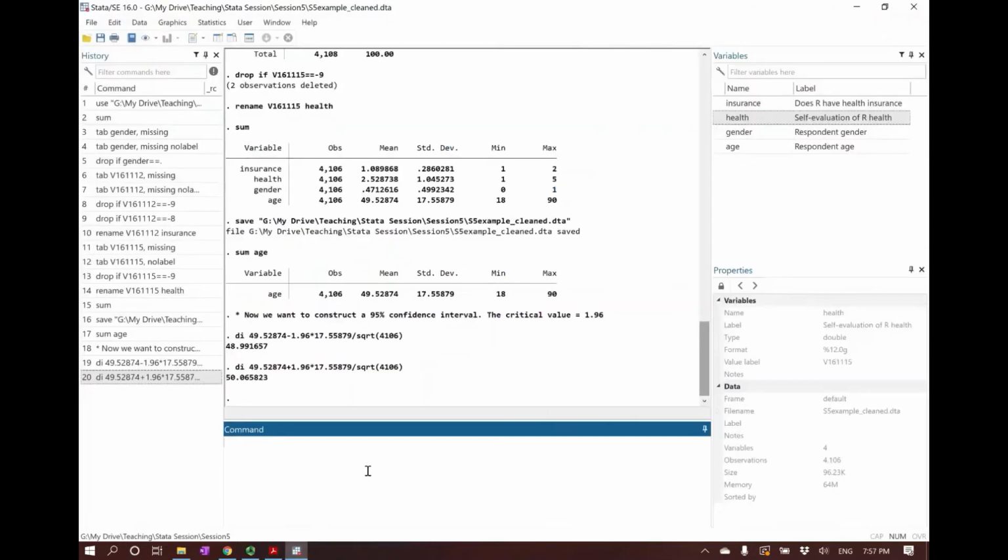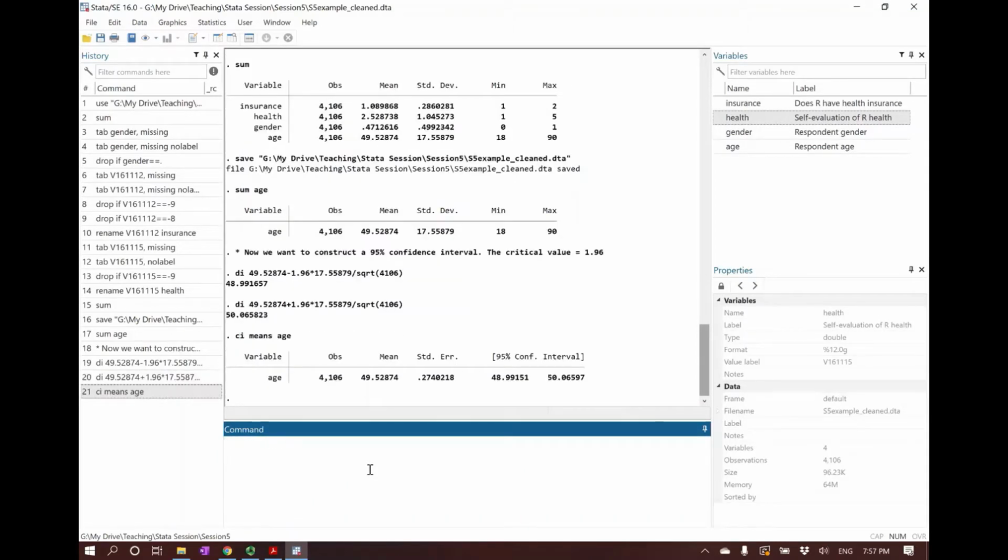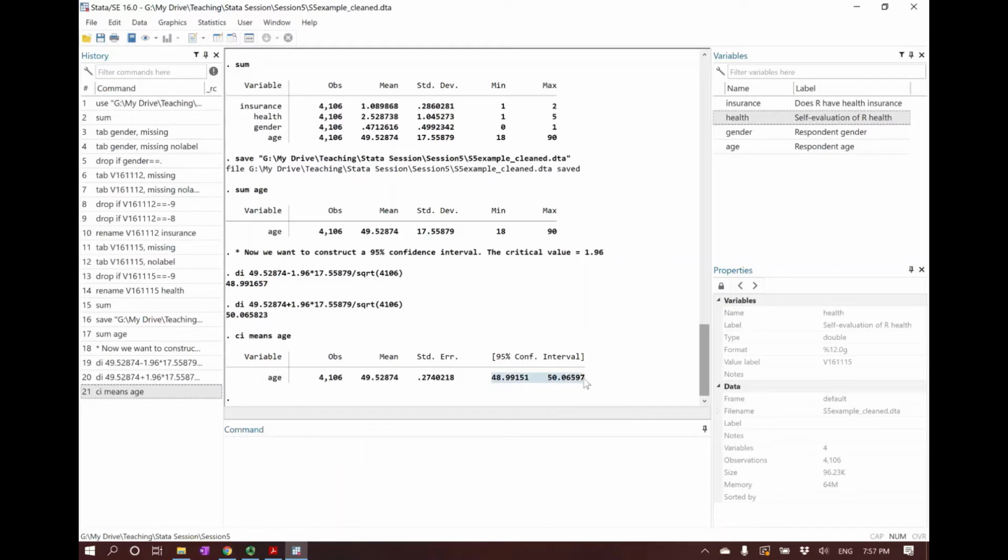But let's calculate ci means age. That's it. If you click enter, by default, Stata will always choose an alpha of 5%, or a 95% confidence interval. And as you see, we calculated correctly. The lower bound was 48.99, the upper bound is 50.066.